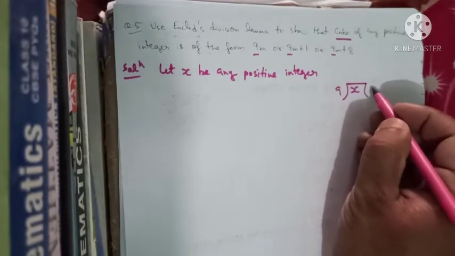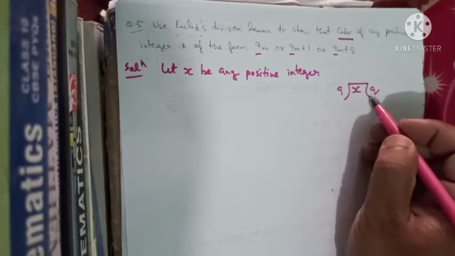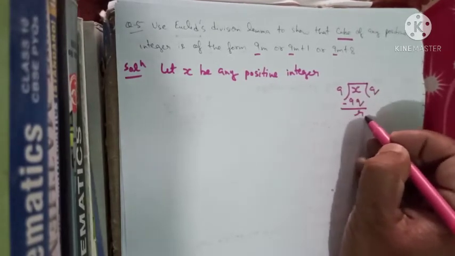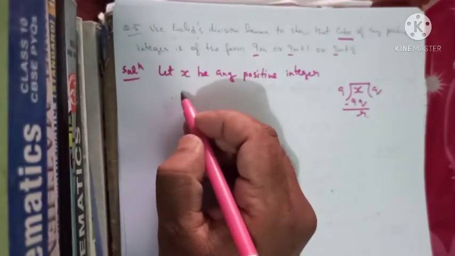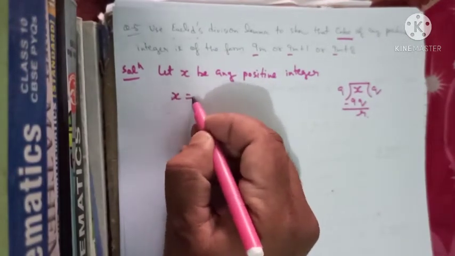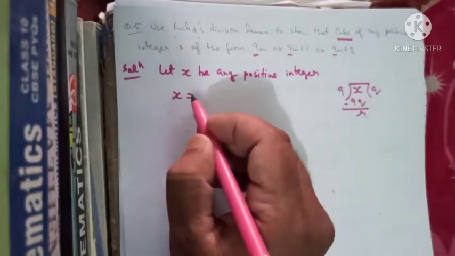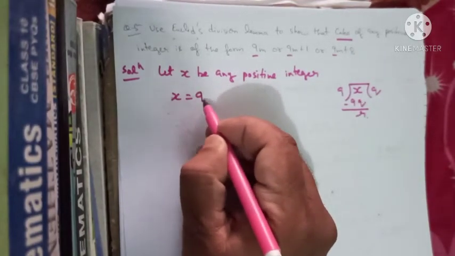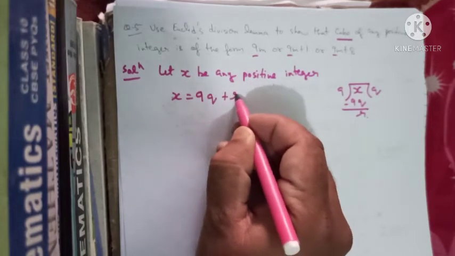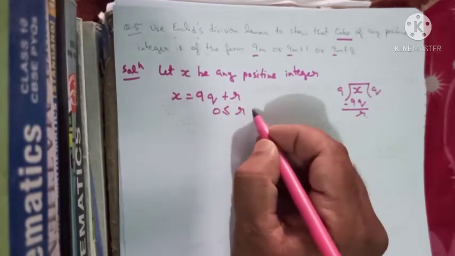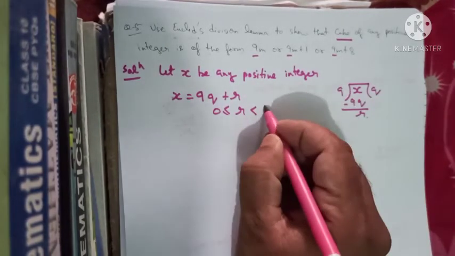If the quotient is q, then it will be 9 times q, remainder will be r. So the dividend x can be written as the product of divisor 9 times quotient q plus remainder r, where the value of remainder is greater than or equal to 0 and less than 9.